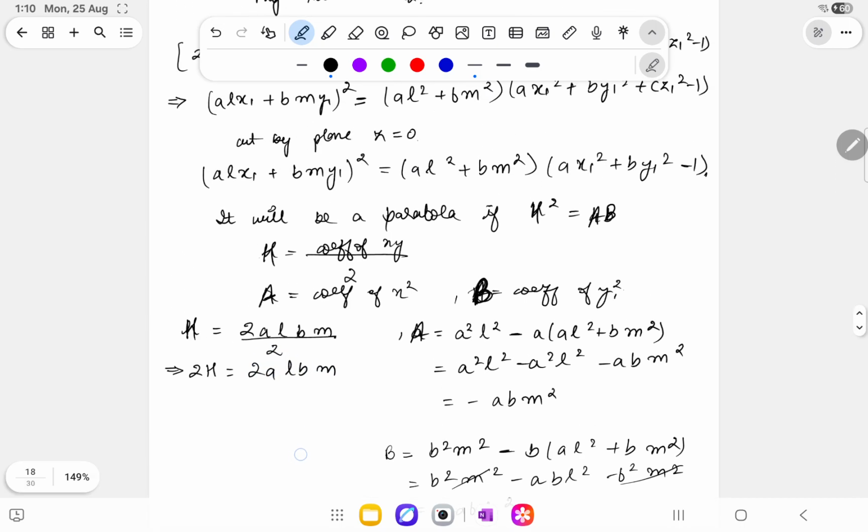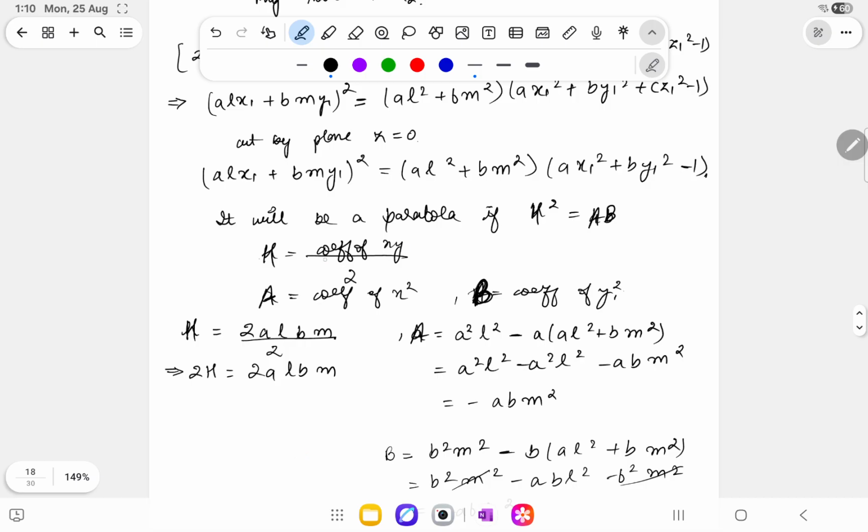I forgot to divide by 2, because my capital H is the coefficient of xy divided by 2. The coefficient of x1y1 is 2albm, and if I divide it by 2, I'm left with albm only. So this is my h.